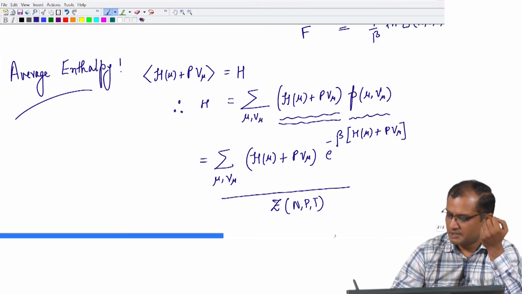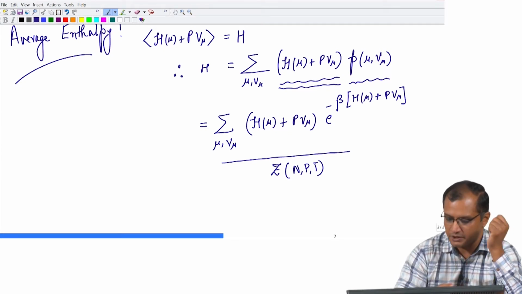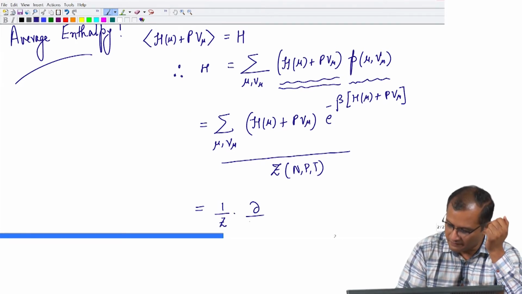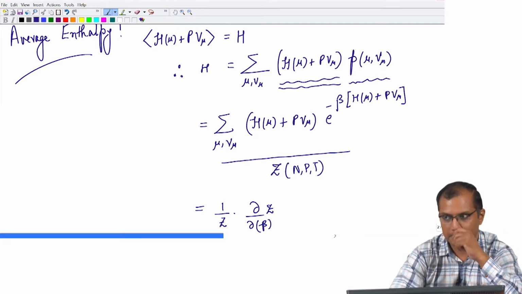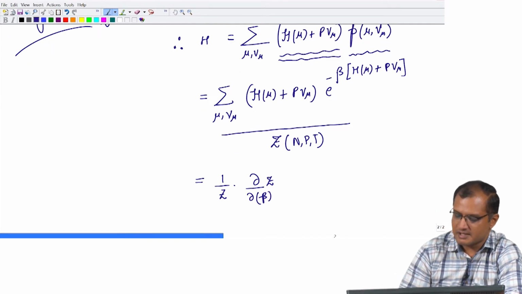In a similar vein, since I have to pull out H plus PV, I am going to take the derivative of my partition function with respect to minus beta in the numerator.